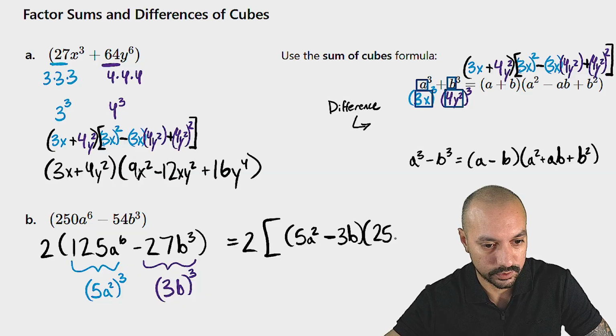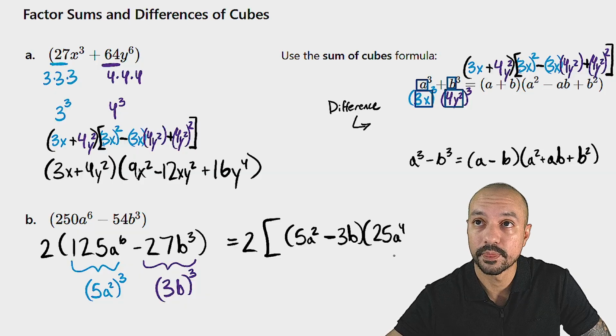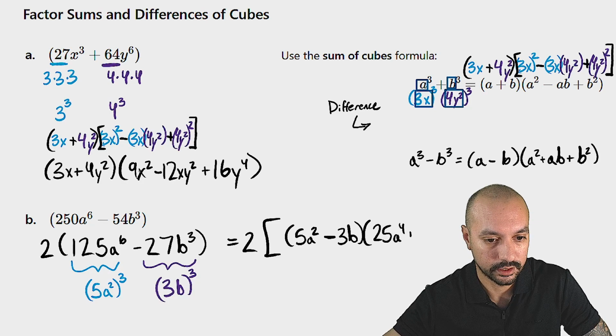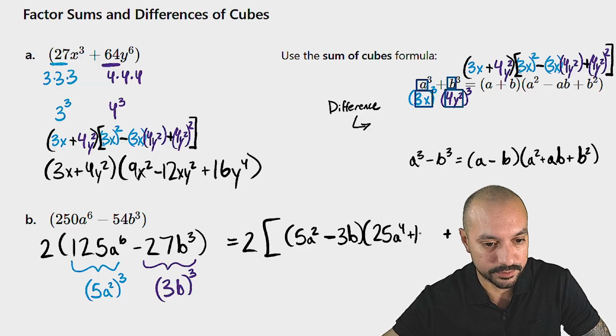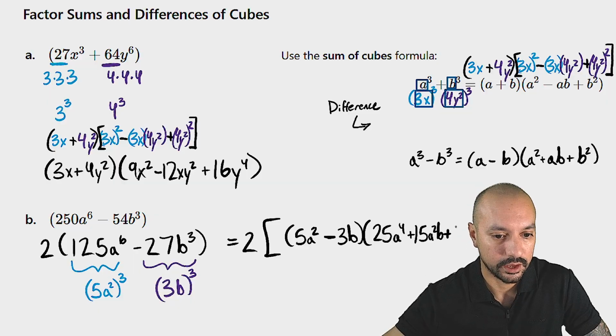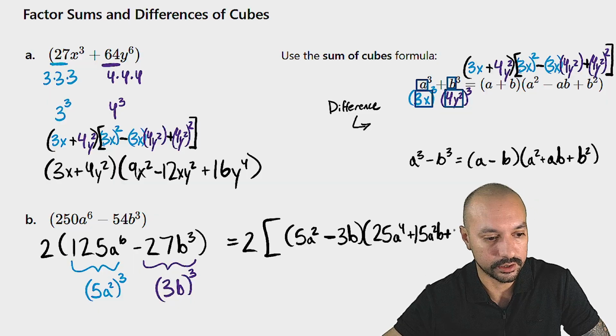So 25a to the 4th. Plus, here we're doing A times B. So 5 times 3 gives me 15. a squared and b. And then we're going to do B squared. So the purple. That's going to give me 9b squared.